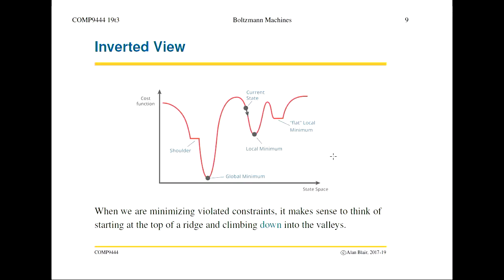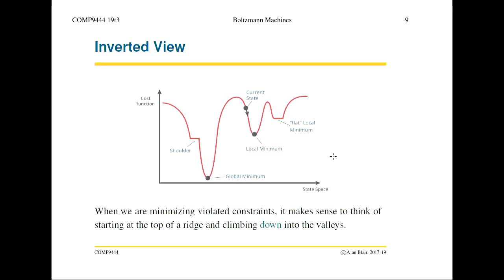This can be likened to mountain climbing in a thick fog. You can't really see anything far. You can only see something in a very small distance around you, but you can try taking one step in a few different directions and see whether that leads you downhill or not.